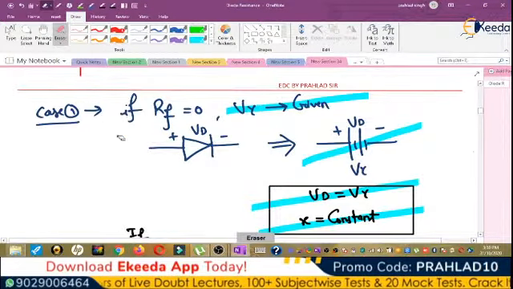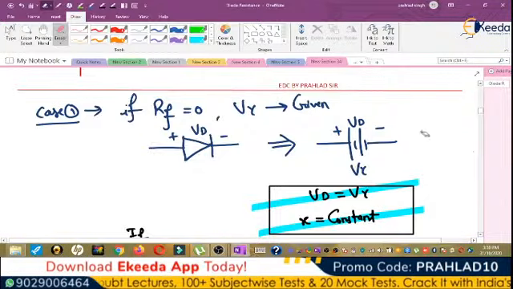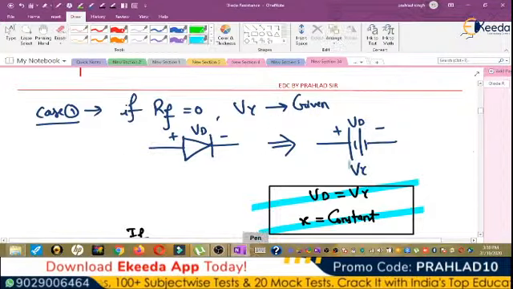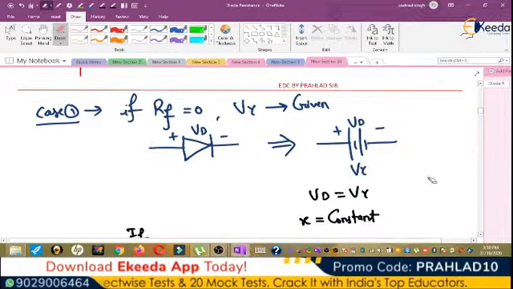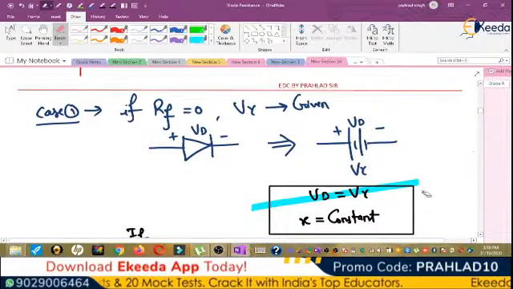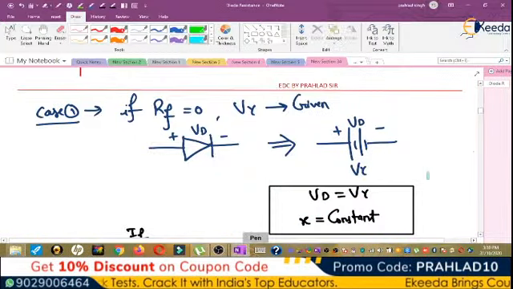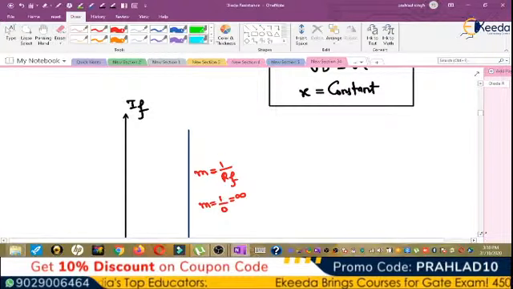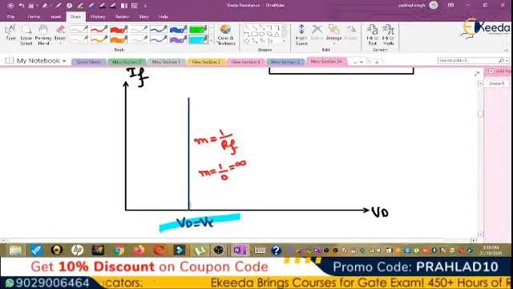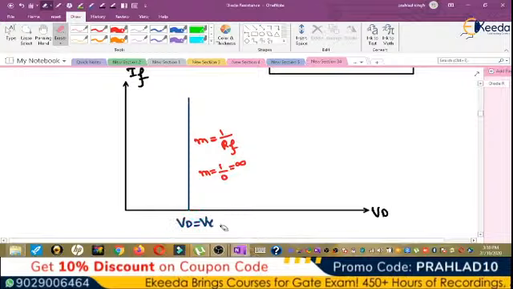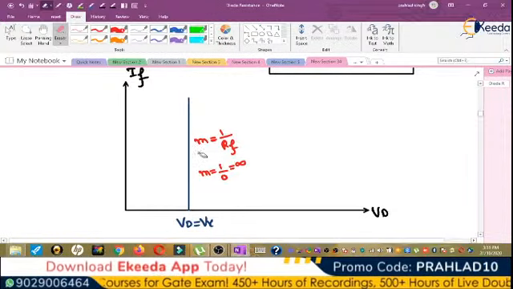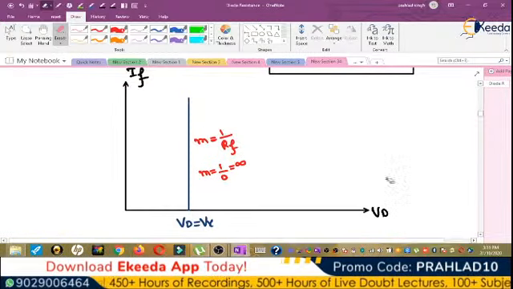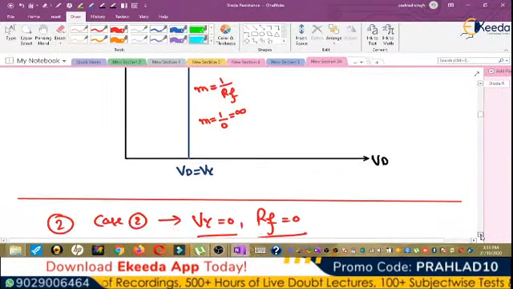When RF is 0 and V gamma is given, we simply replace the diode with a cut-in voltage battery, V gamma. So Vd is equal to V gamma, which is a straight line where the slope, 1 by RF, will be infinite.